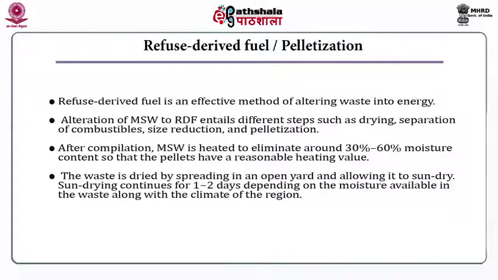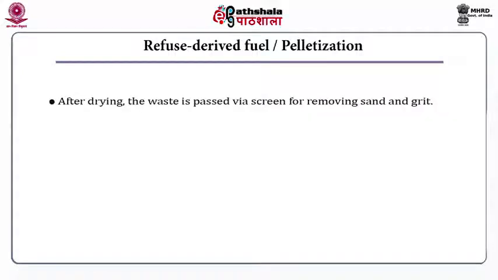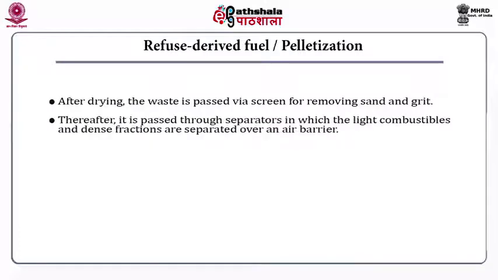Sun drying continues for 1 to 2 days depending on the moisture available in the waste along with the climate of the region. Now, after drying, the waste is passed via screen for removing sand and grit. Thereafter, it is passed to a separator in which the light combustibles and dense fractions are separated over an air barrier.